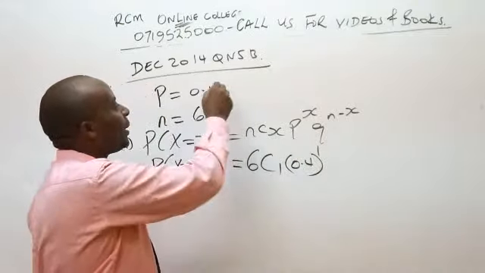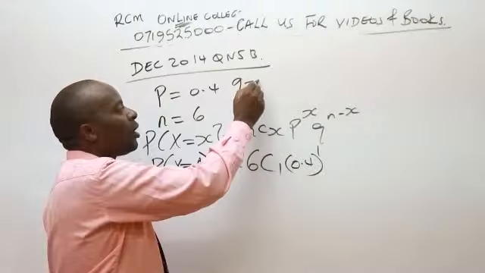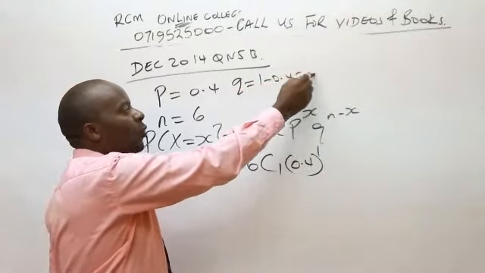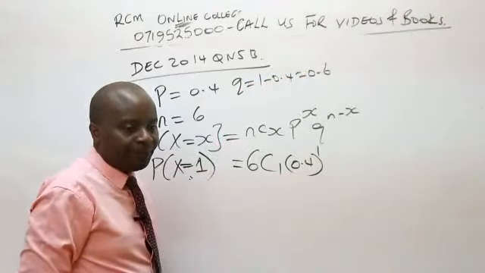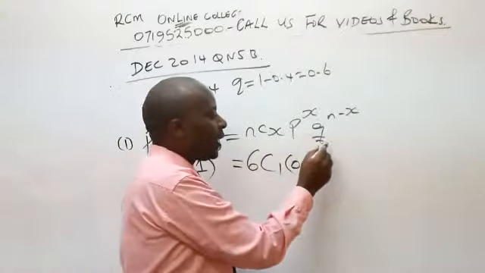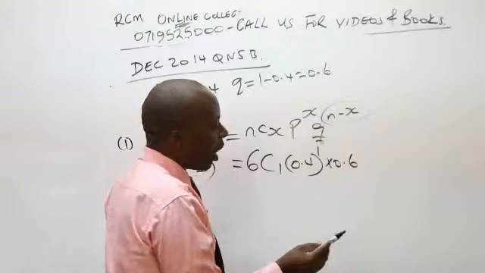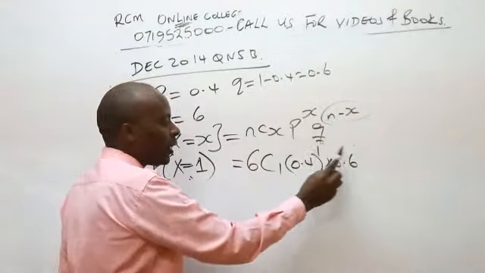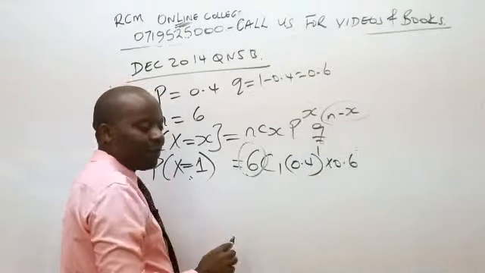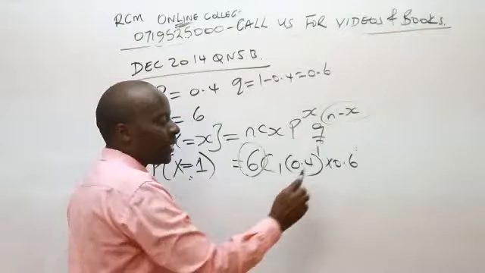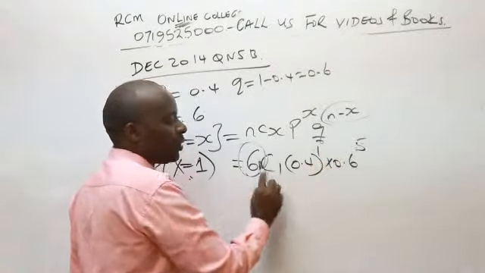And remember that if p is 0.4, then q will be 1 minus 0.4, which is 0.6, raised to the balancing power. The two powers must always add up to n, so the balancing power here will be 5. 1 plus 5 is 6.